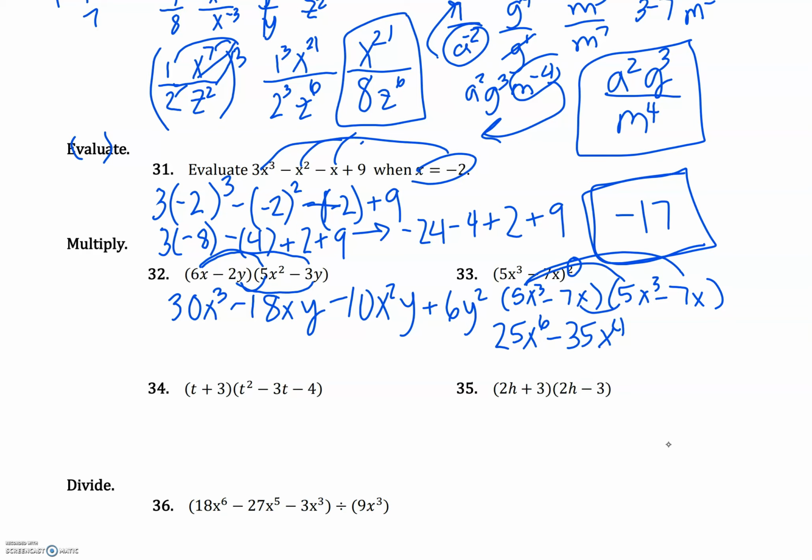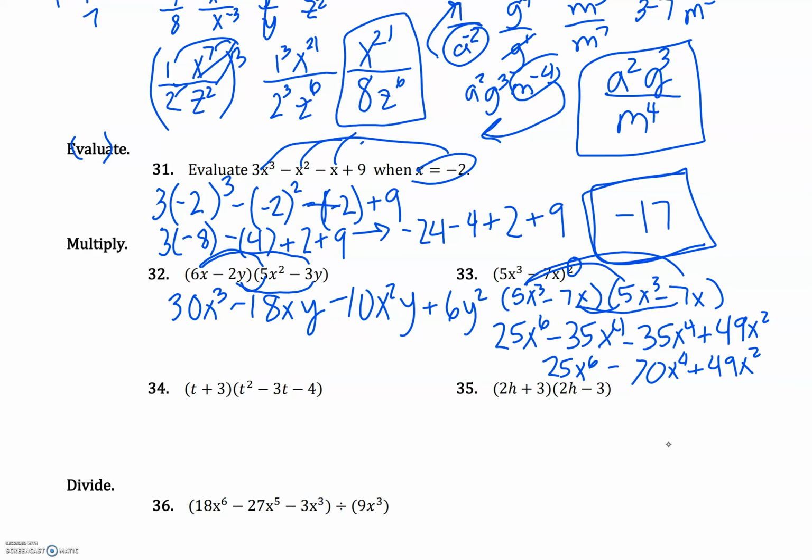And I'll get that again from my middle terms. And the last term is negative 7x times itself, so positive 49x squared. Then I have these two here in the middle that are like terms. And there you go. 25x to the 6th minus 70x to the 4th plus 49x squared.